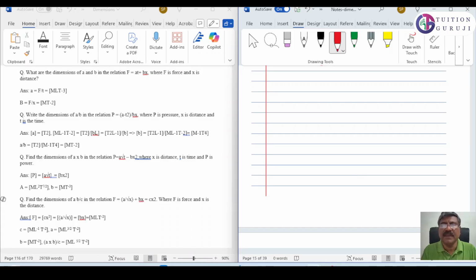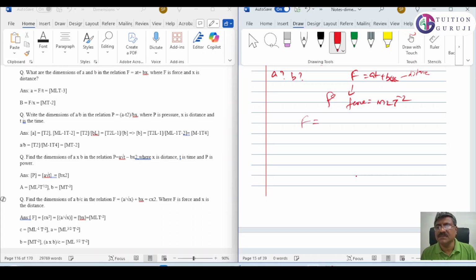What are the dimensions of A and B? We have to find dimensions of A and dimensions of B. In the relation F is equal to AT plus BX, where F is force. Force is MLT raised to minus 2, and X is distance.